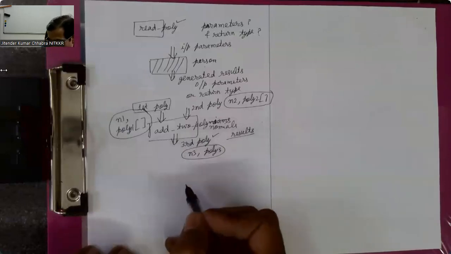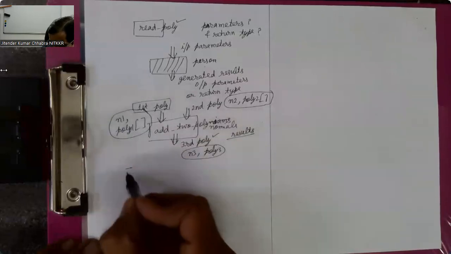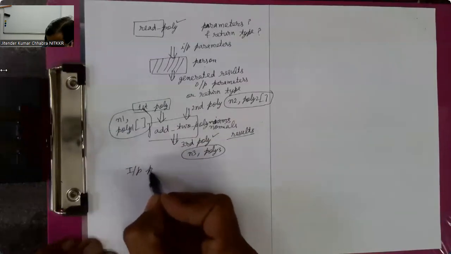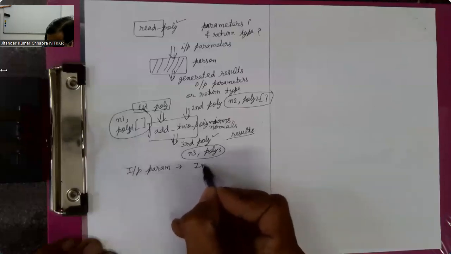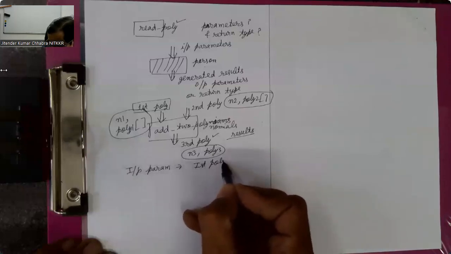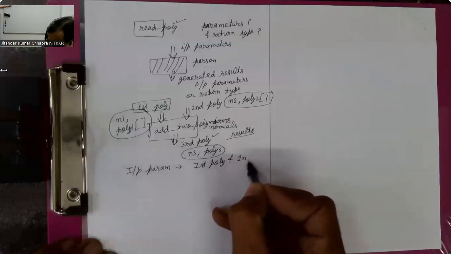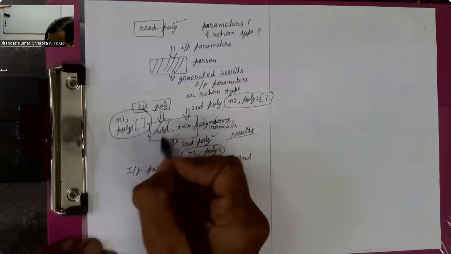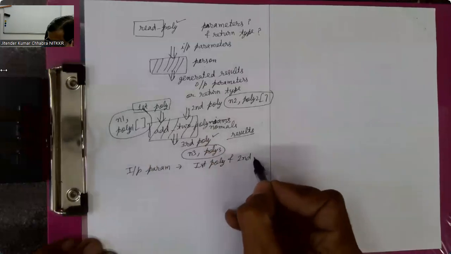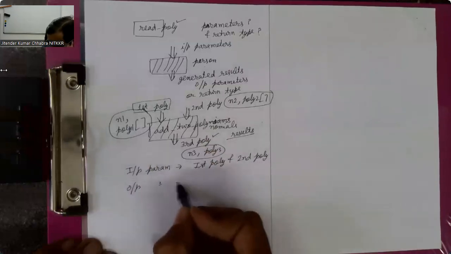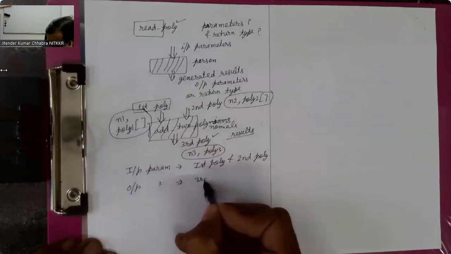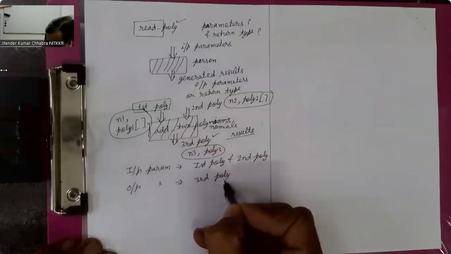So ideally, the input parameters are going to be definitely the first polynomial and the second polynomial, for the function named add two polynomials. And the output is, of course, in this case, the third polynomial or the result generated.